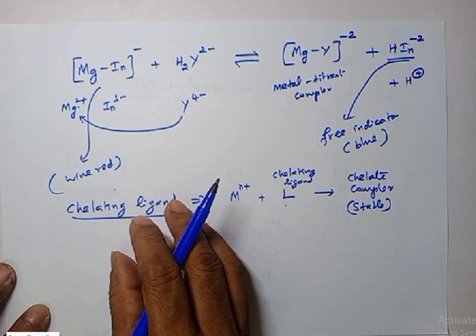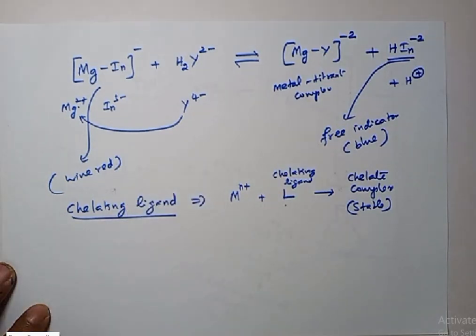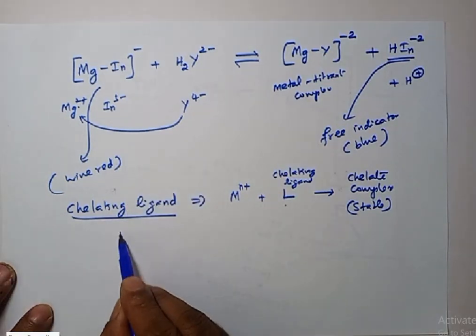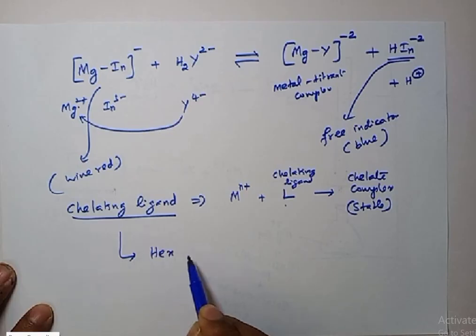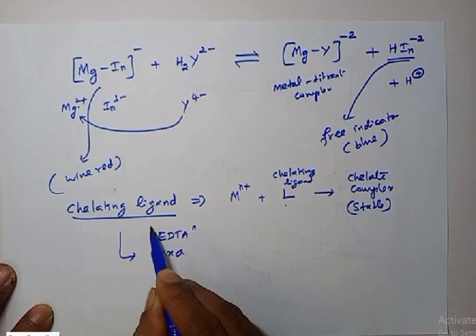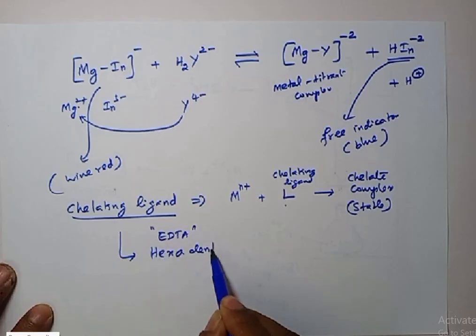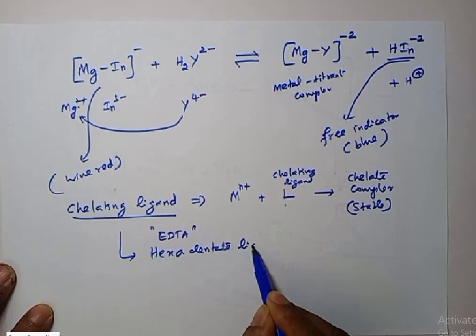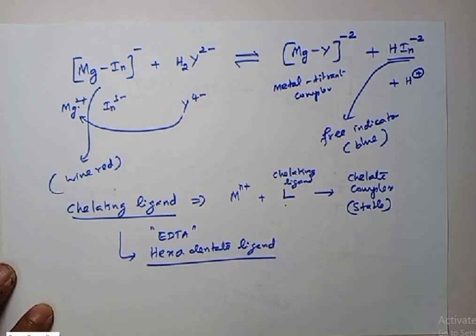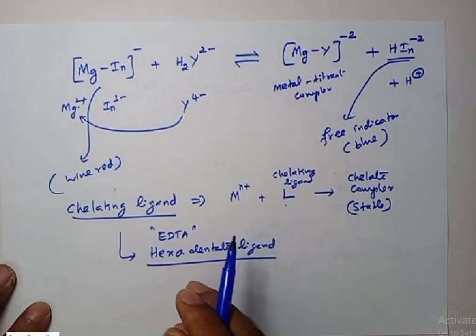EDTA is an example of a chelating ligand. It is actually called a hexadentate ligand. Hexa means 6.